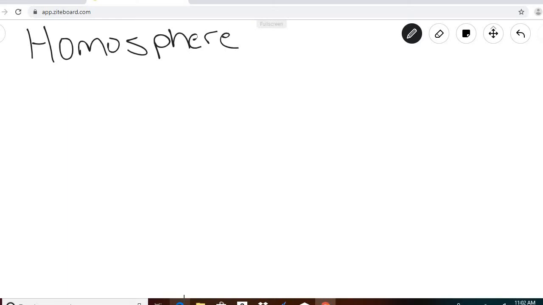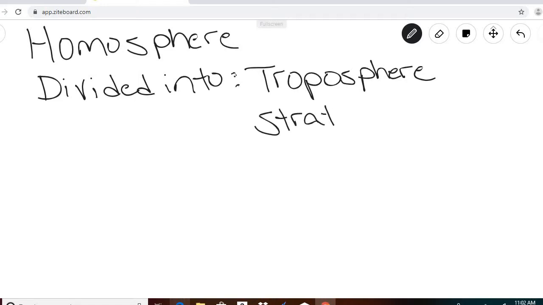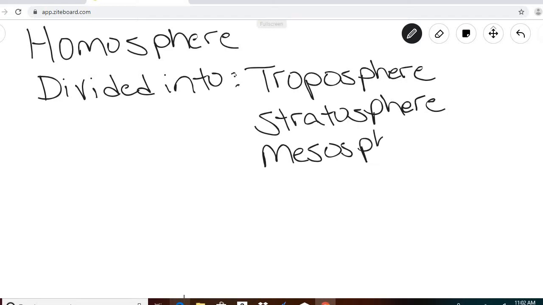And the homosphere is divided into 3 areas. And the 3 areas that make up the homosphere are the troposphere, the stratosphere, and the mesosphere. Okay, so let's look at each of these.